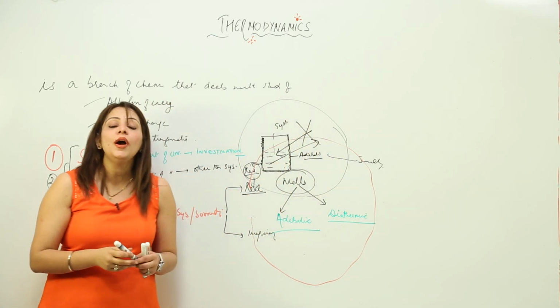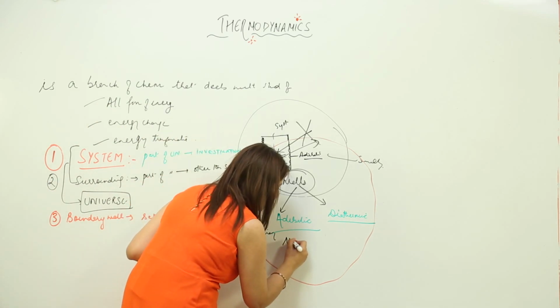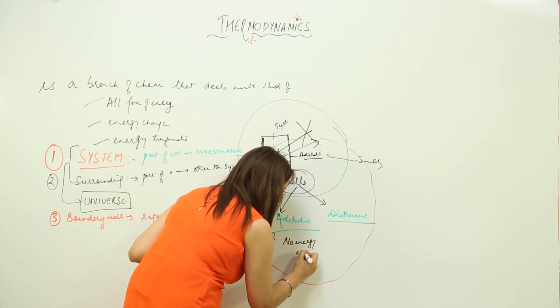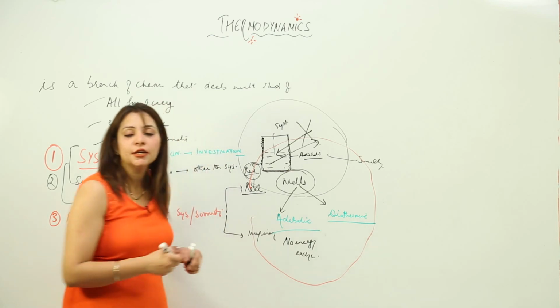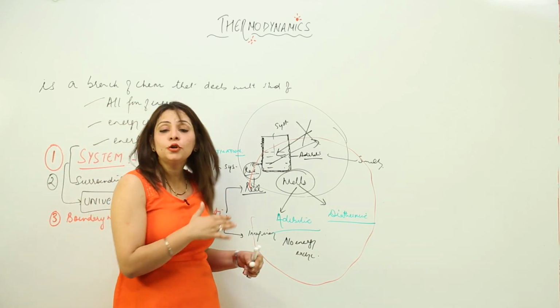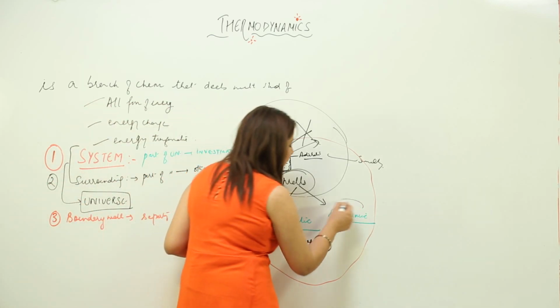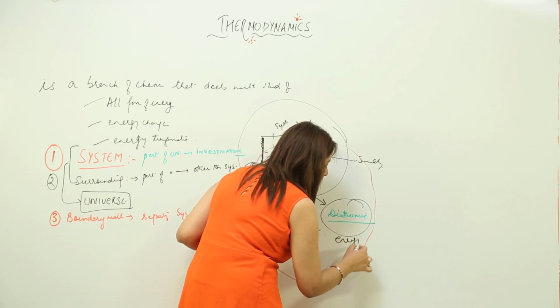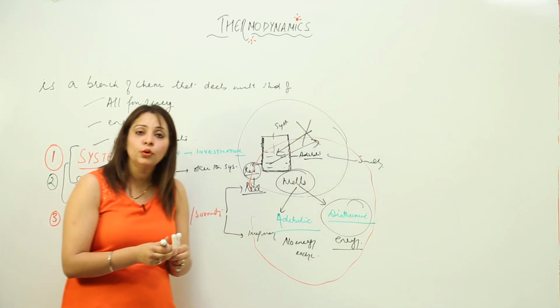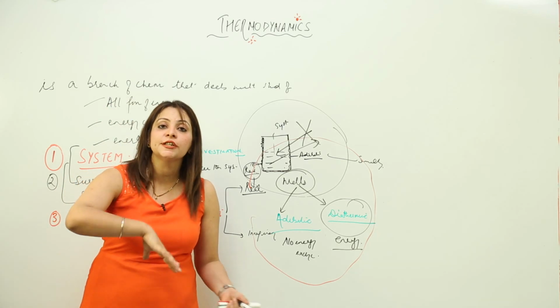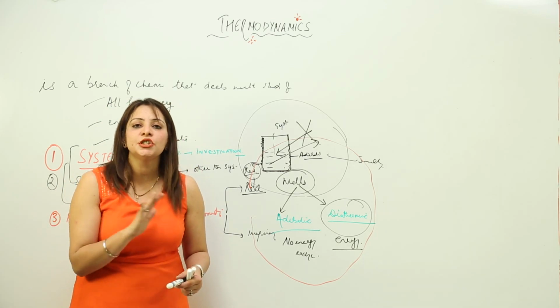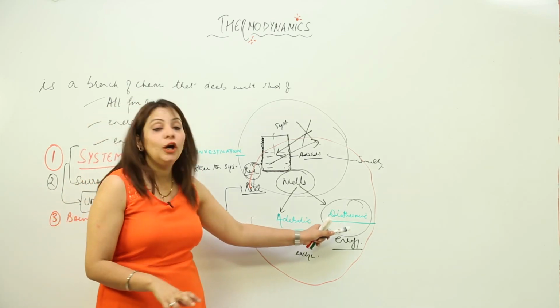So no energy exchange is going to take place in the case of adiabatic. But when we talk about diathermic, it means energy exchanges can occur. Energy can go in and energy can also go from the system to the surrounding. That is called a diathermic wall.